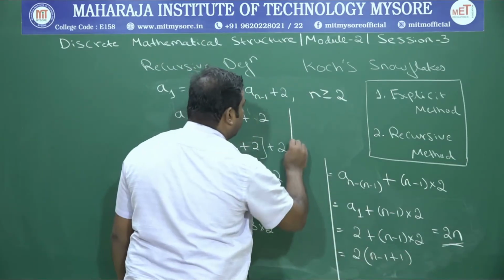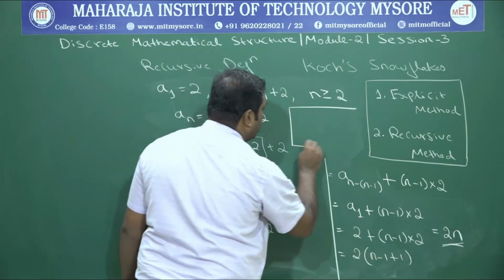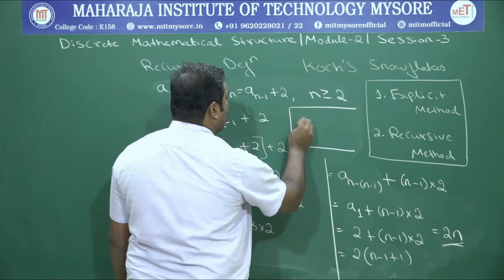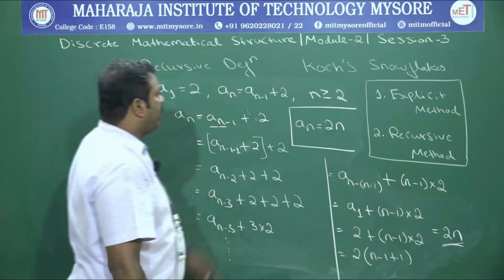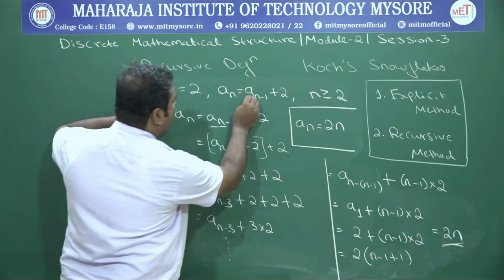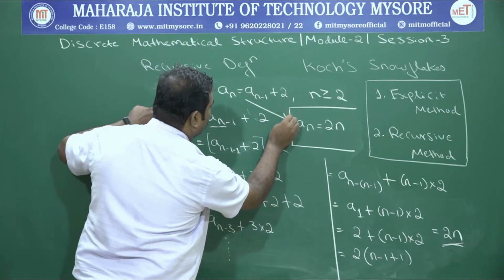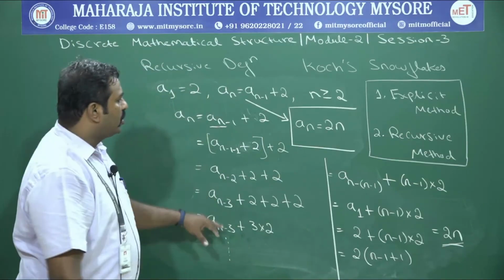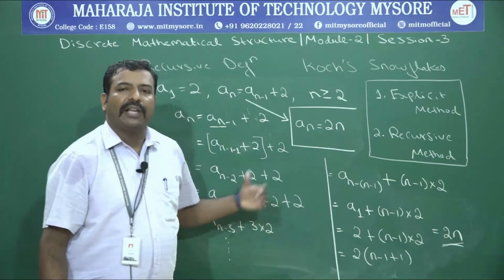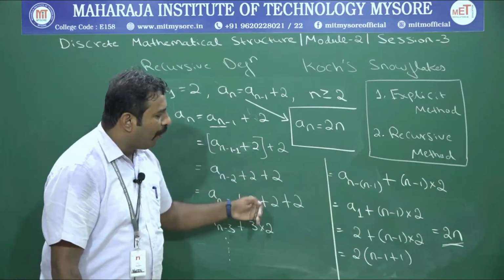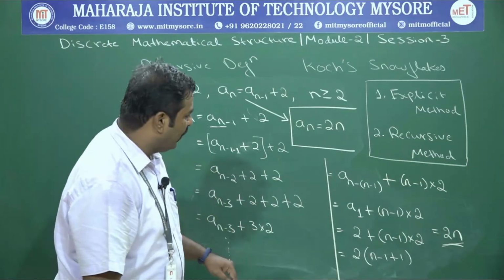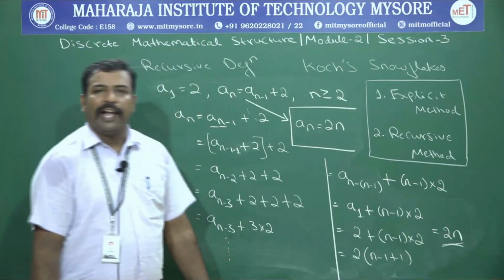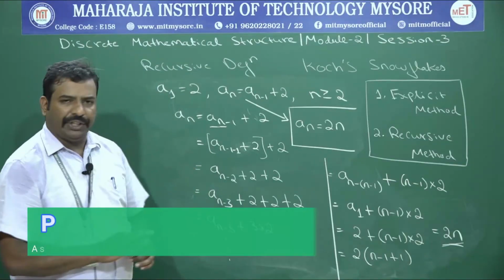So as per the explicit form, an equals 2n. So from the recursive form, I have converted to an explicit form. By resubstituting recursively, if I keep on substituting, this is what I am going to end with. And this is what exactly I need to understand by the recursive nature.